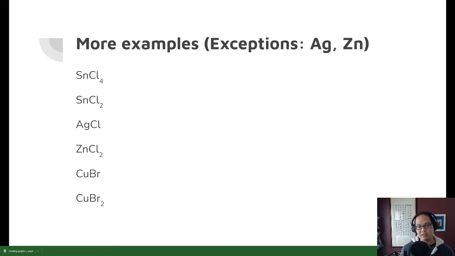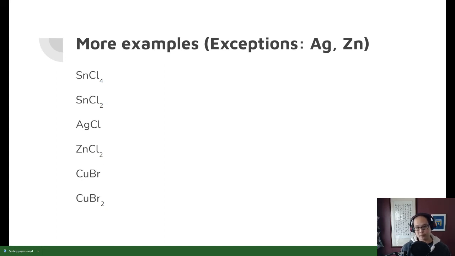Now, Ag and Zn are exceptions. Does anyone remember what I said was special about silver and zinc a couple weeks ago? Yes, they only form one ion. Silver is always +1, zinc is always +2. Because silver and zinc only form one ion, you do not put the Roman numeral. It makes it wrong.